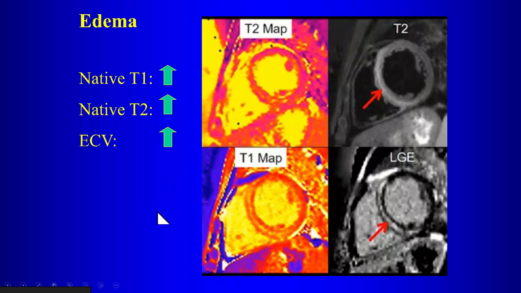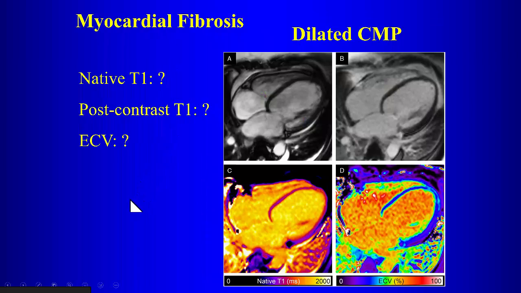So in the acute phase, if the patient has edema, let's say from acute myocarditis, you would expect all of these to be abnormal. If you're doing T1 mapping or T2 mapping or looking at extracellular volume fraction, all of those will be abnormal, okay? If there's myocardial fibrosis, what is that going to do to the native T1 time? Up. Pathology usually increases the native T1 time, although there are exceptions which we will get to, right?